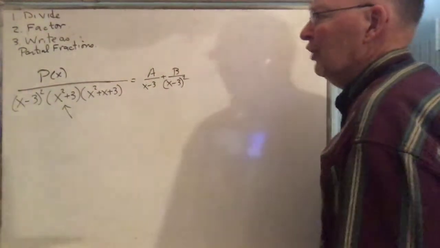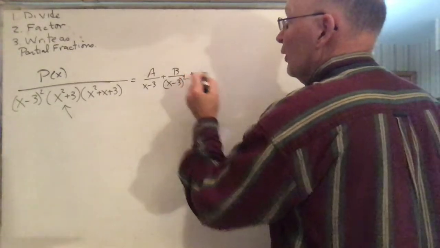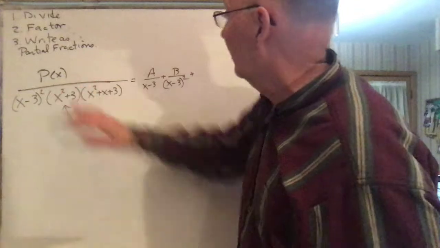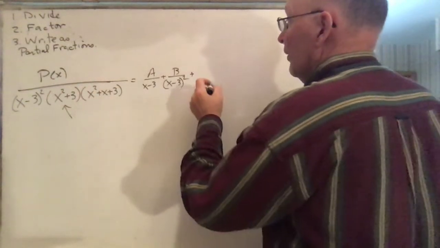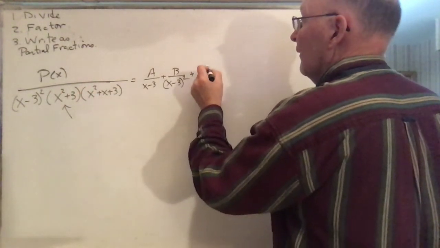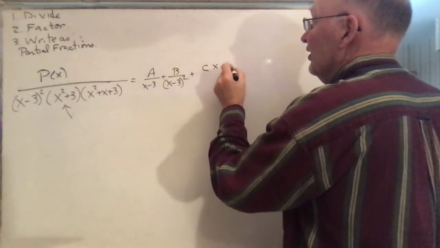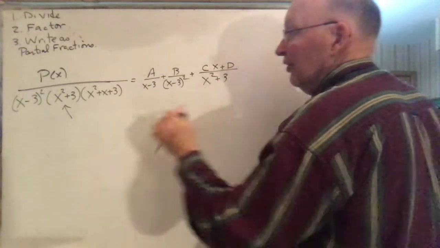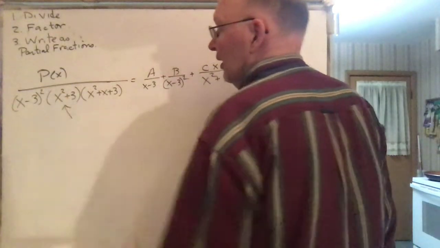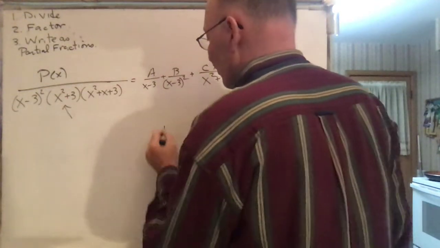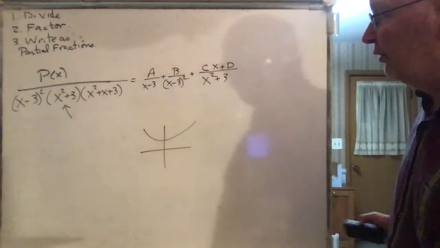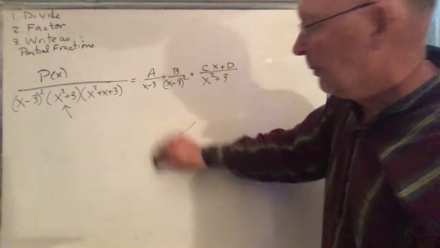And so the most general thing that you could have over a quadratic term, so that this power is still going to be less than the power here, you could have something with a degree of 1. So you could have, for example, cx plus d over that thing. By the way, notice that this can't be factored, okay? Use a quadratic formula on that, or just graph it. If you were to graph it, you'd see, oh, there's no roots. There's no place where that ever hit 0.